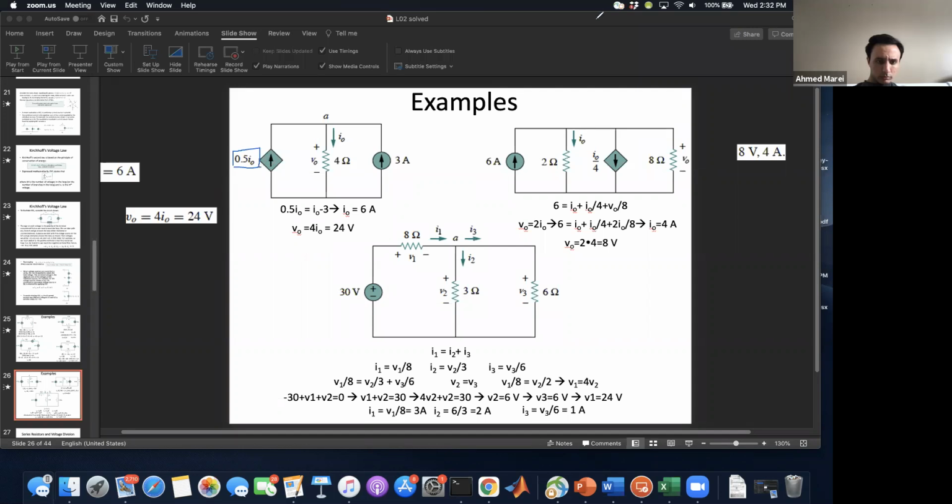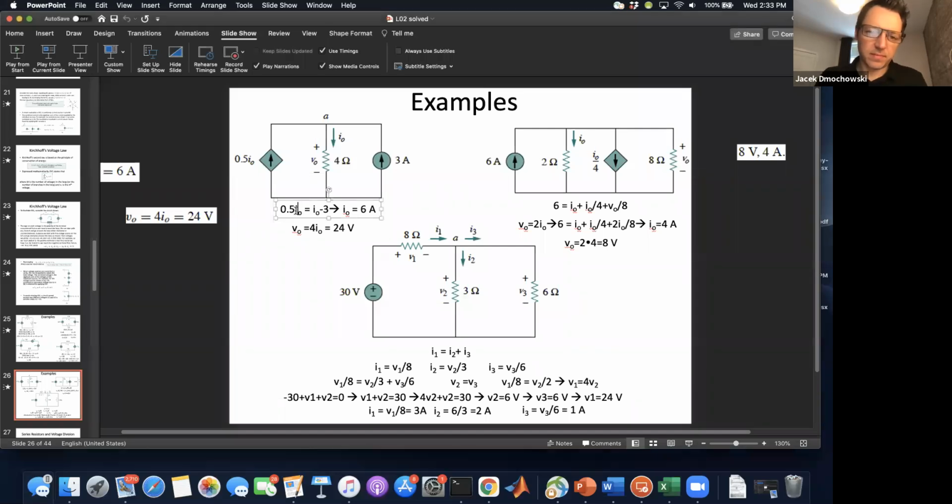So this would have been better written, and I can try to correct this. 0.5 I naught plus 3 is equal to I naught.